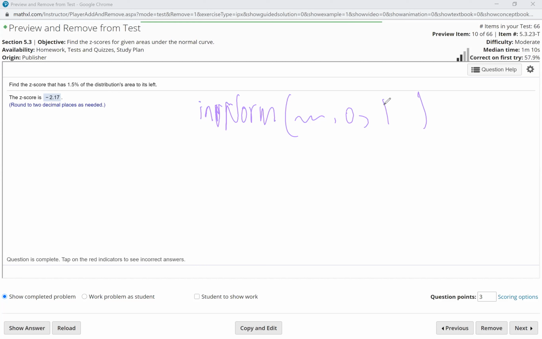He wants the area that has 1.5% of the distribution to the left. So you just put, not 0.05, 0.015, and that should give you the answer. All right. So that's the second feature that you would use in chapter 5.